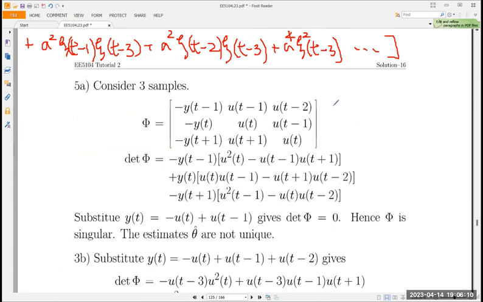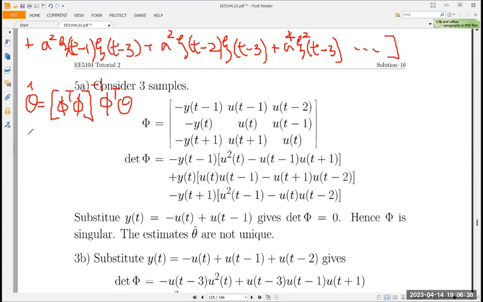Then you know that to get a unique estimate, as we said before, this must be invertible. If you cannot invert this, then you just cannot find this.